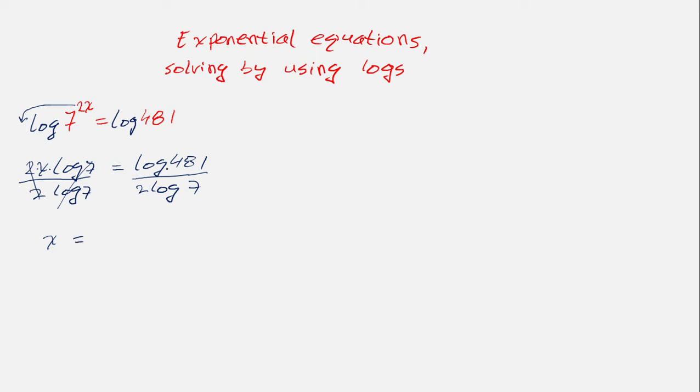And then once we divide these two logs, we will get a number, and it's 1.58688. And then you round it to as many places as you need to. That would be our answer.